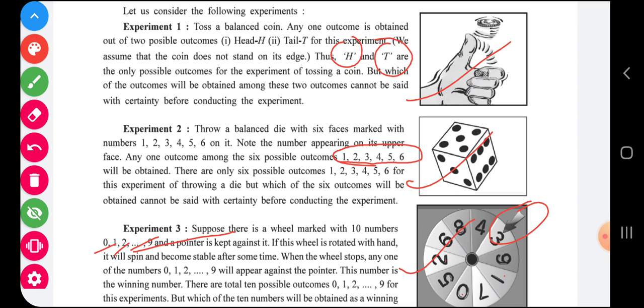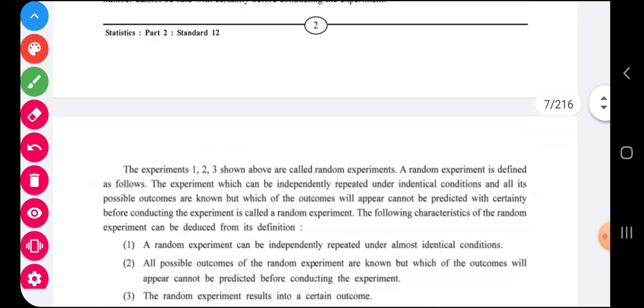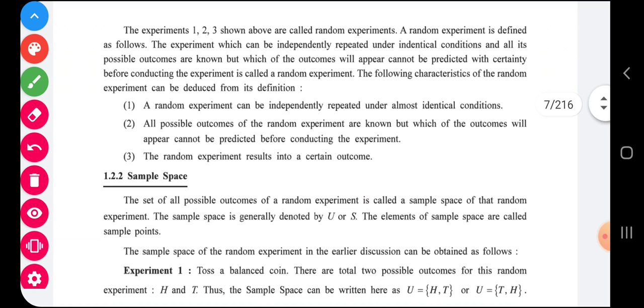So in all these experiments you can see that all outcomes are known in advance, but which outcome will exactly occur, that we cannot say. So all these experiments are called random experiments in statistics. Now you can understand the definition of a random experiment. The experiments 1, 2, 3 shown above are called random experiments.